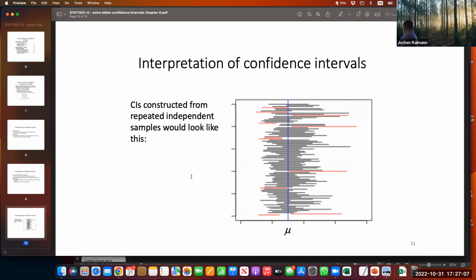That means that out of 100 samples that you've drawn, 95 contain your population mean. If they don't, you're rejecting. So that's the graphical depiction of what we're essentially doing with hypothesis testing, and that's why I love this graph.